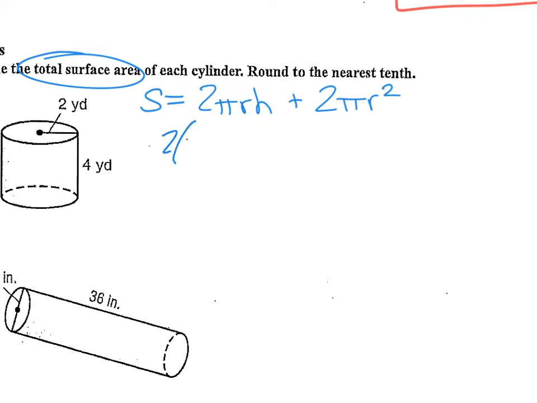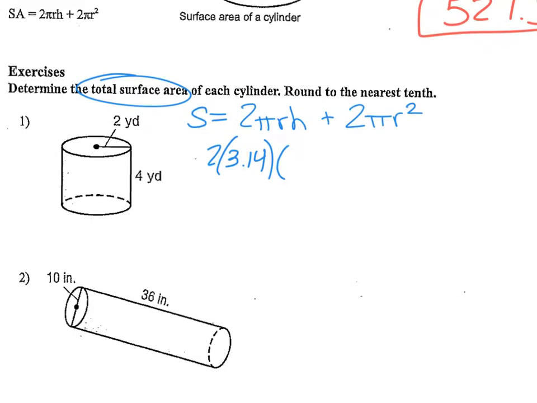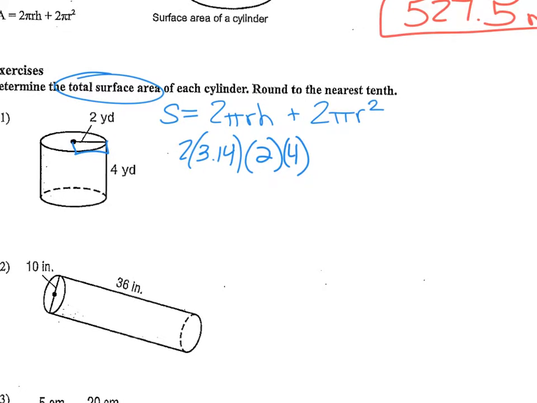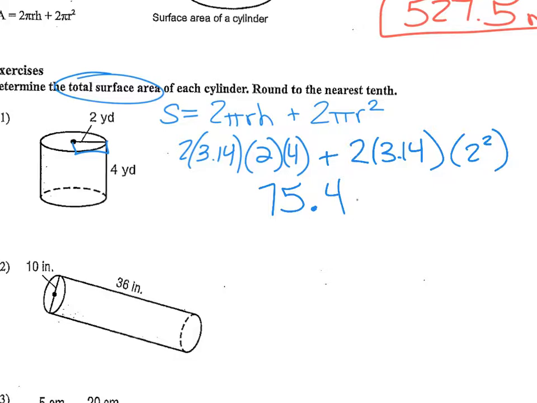I know that pi is 3.14. My radius on this first one, they gave me the radius, it's 2, times the height, or how tall the whole can is, so 4, plus 2 times 3.14 times 2 squared. This is kind of easy. 75.36. Okay. So we'll round it to 75.4 yards squared.